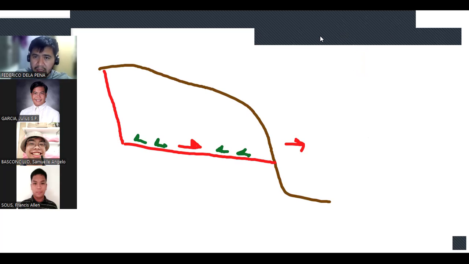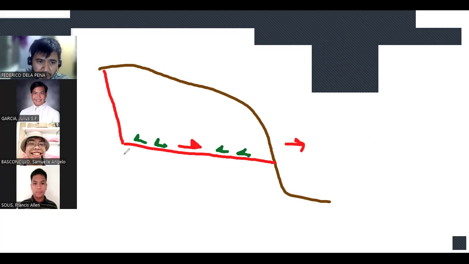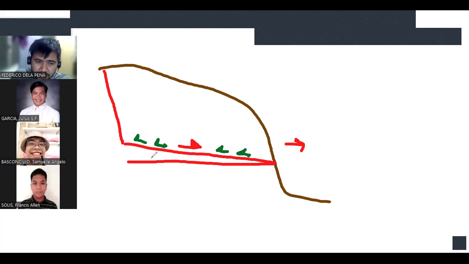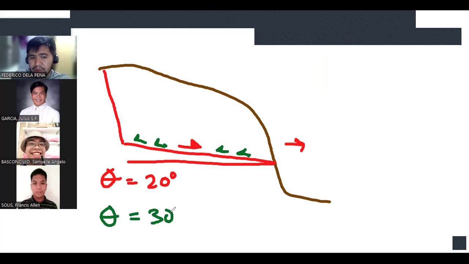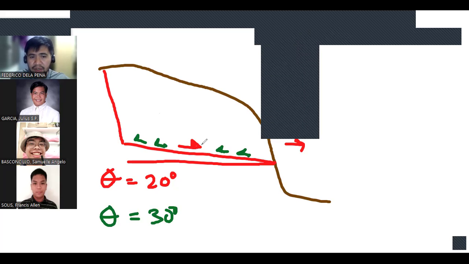So if the angle of this discontinuity is around 20 degrees, and your friction angle is like 30, this is the most common, it's gonna be apparent that your frictional force will be greater than the shear forces existing within this discontinuity.